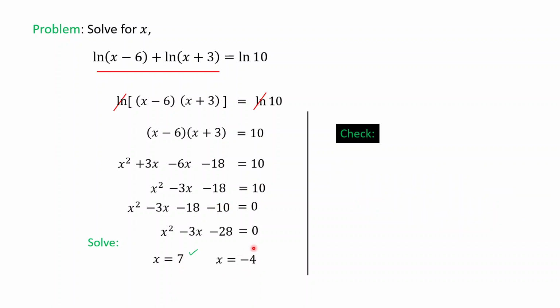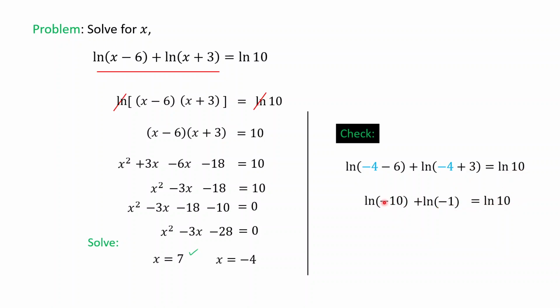Now you need to check this one. Substitute 94 for x. You will get this. Let us simplify: ln of 94 minus 96, which is negative 2, plus ln of 94 plus 3, is equal to ln 10.